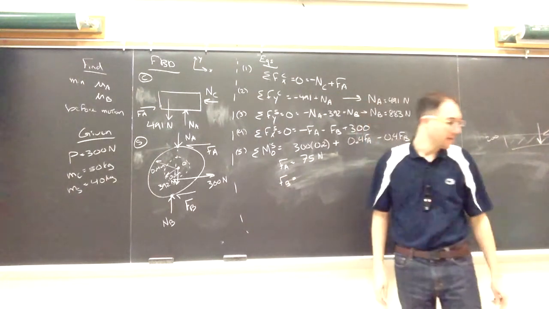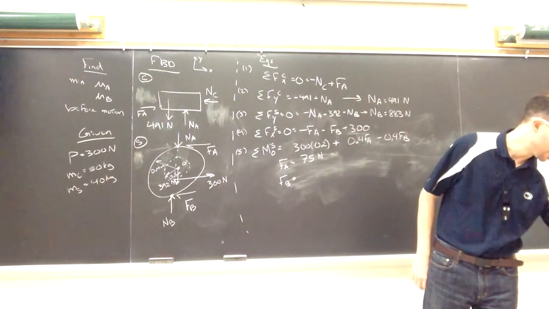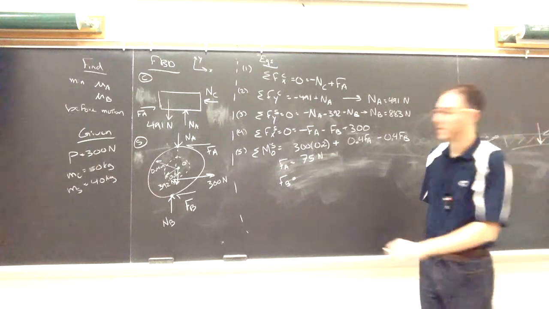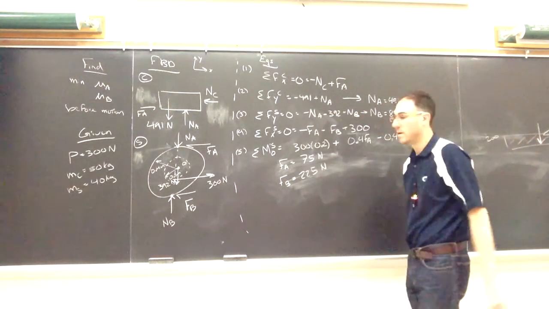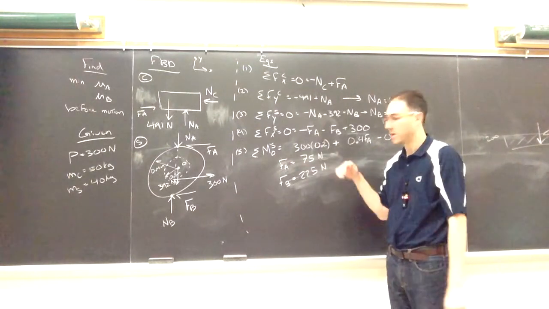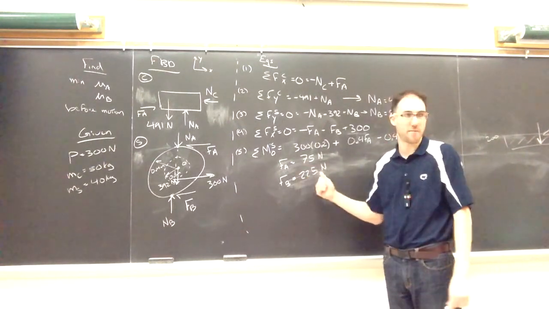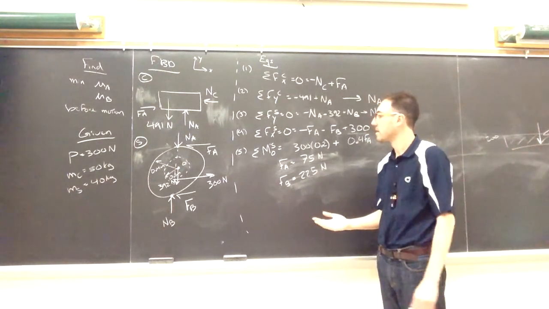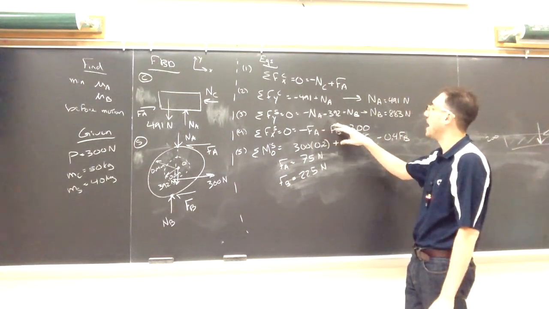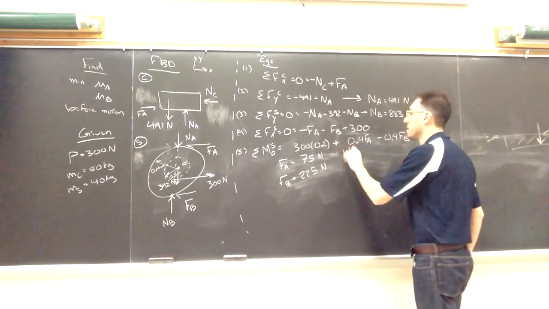And for FB, I get a 225. I have a positive friction force. I have a positive friction force. So that's the first check to make sure this is at least a feasible situation. I can use that information now to find NC.